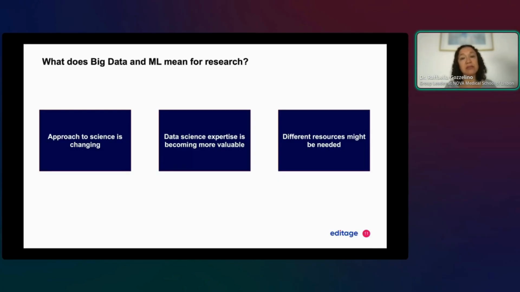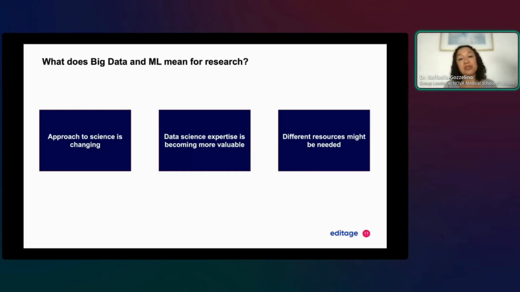So there is a lot of emphasis on this type of technology, but also on data science expertise, so it is becoming more valuable. We will need many more people who understand how to process those data, and also people who understand how to build more algorithms and how to build this technology so that it can be used by a broad spectrum of professionals.